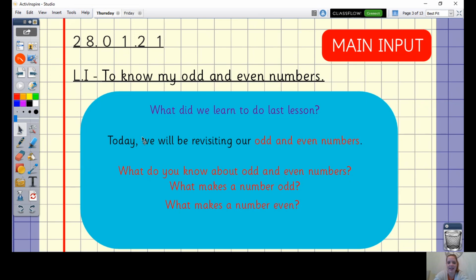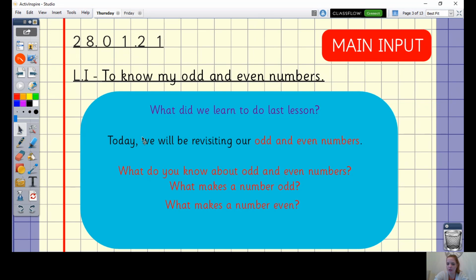Okay, year 2. So today in your maths learning, you're going to be revisiting your odd and even numbers. Odd and even numbers is learning that you've already done before, so you should all know what odd and even numbers are, but we're just going to go over that again for a little bit more practice. So I want you to have a think.